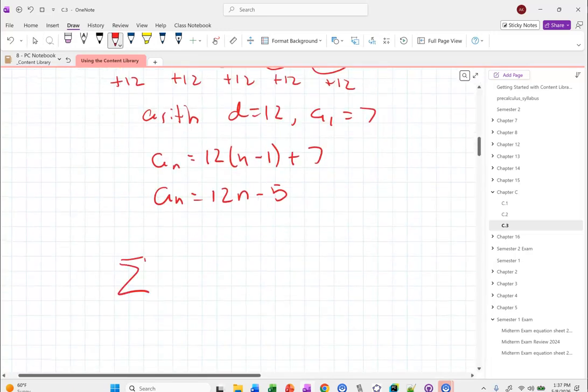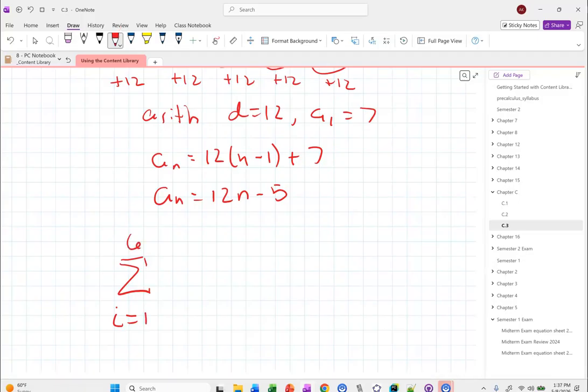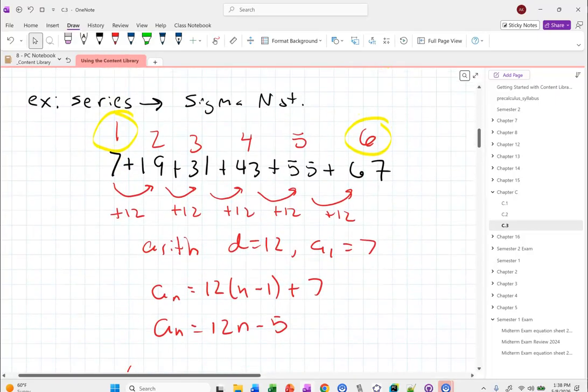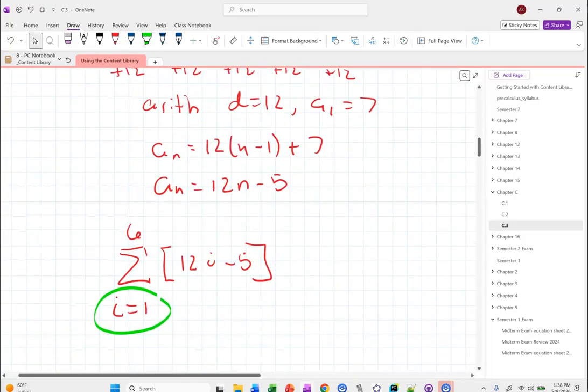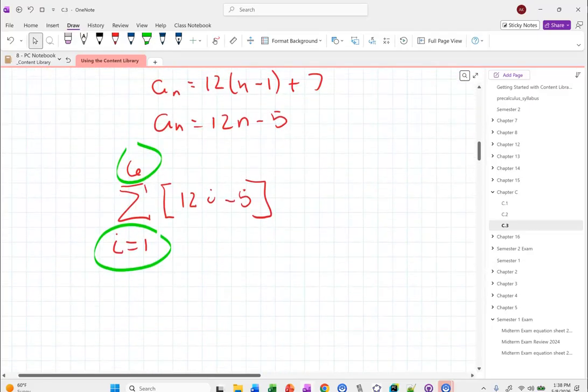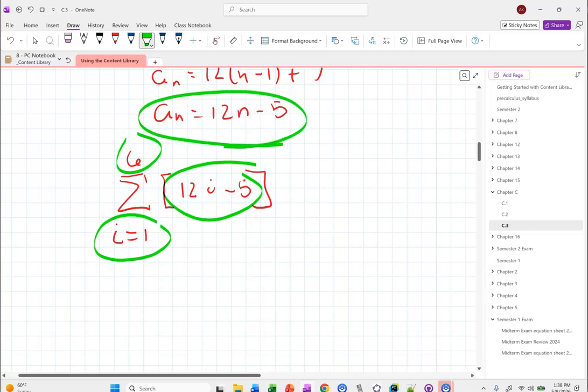And so my sigma notation then would be that. So again, start, end, and explicit formula for the sequence that we're adding up.